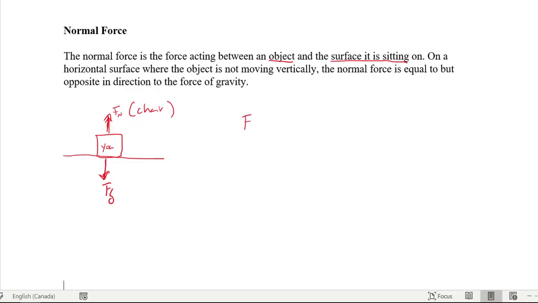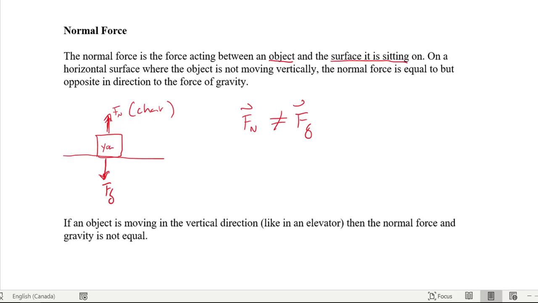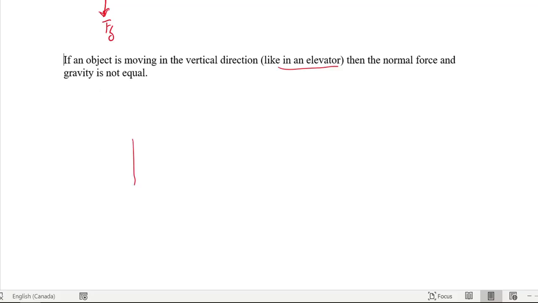There are times, though, when the normal force won't equal gravity. And that happens if you happen to be in something that's changing its speed. So if an object is moving in the vertical direction like an elevator, let's say you're in an elevator, then the normal force is not equal to gravity. So let's say this is the elevator, and here's you inside the elevator.